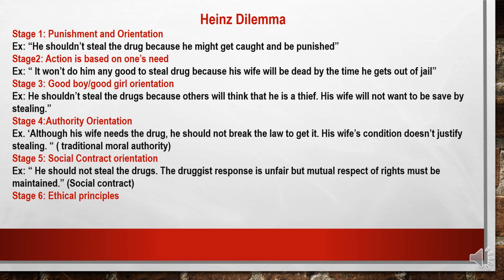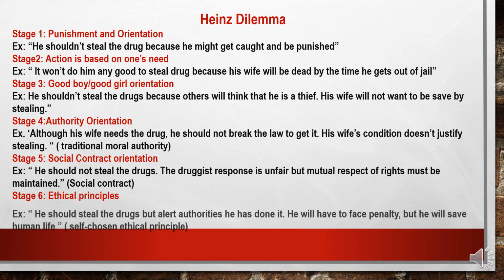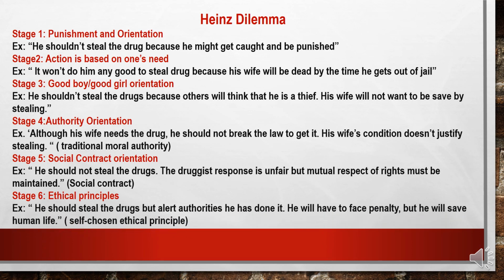The druggist's response is unfair, but mutual respect of rights must be maintained. So that is a social contract. And for stage 6, ethical principles: he should steal the drugs but alert the authorities that he has done it. He will have to face the penalty, but he will save a human life. So this is what we call self-chosen ethical principles.